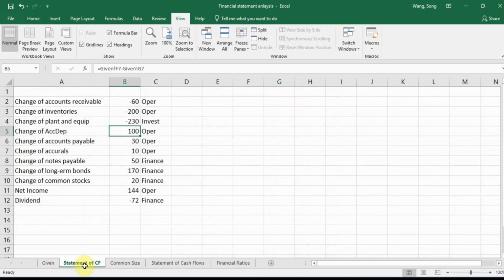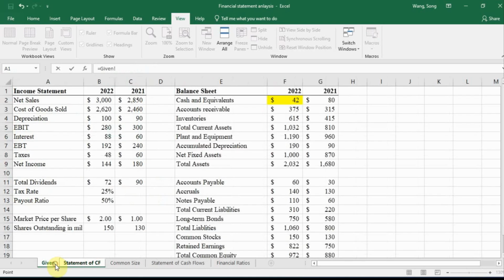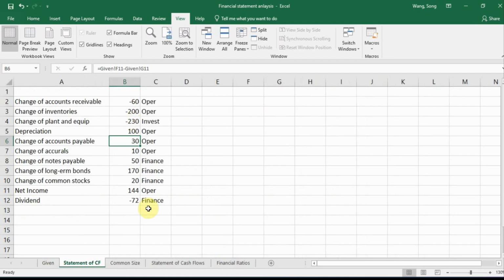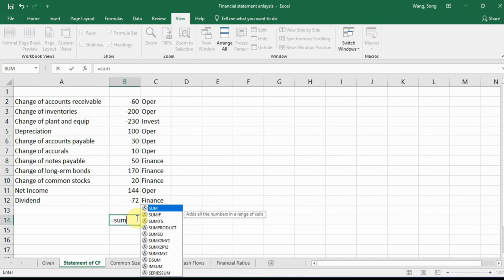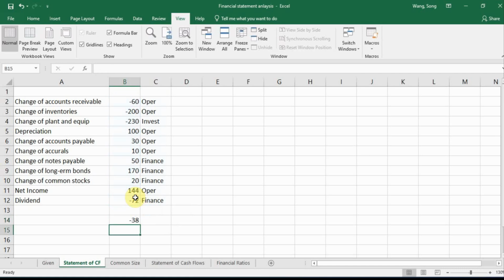So on the statement of cash flows, I'm going to replace the name with depreciation only. And instead of putting a subtraction formula, I just simply borrow the number from the income statement. If I sum them up, the number is still negative 38 as expected.